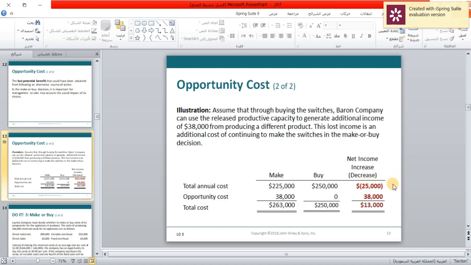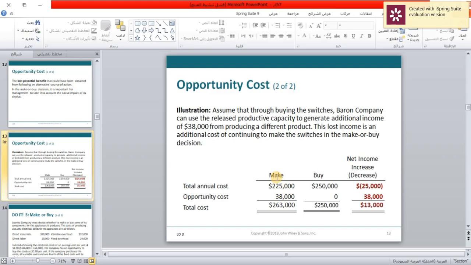Now we will take the opportunity cost into consideration. If we buy the product from outside, we can use the capacity to produce additional income of 38,000. Now we add to the previous result the effect of opportunity cost.